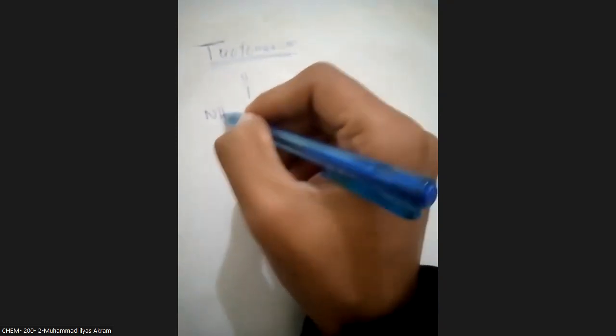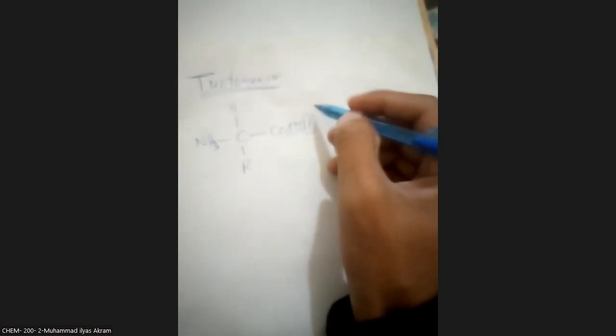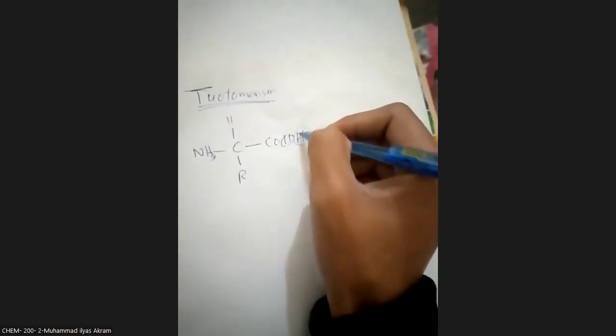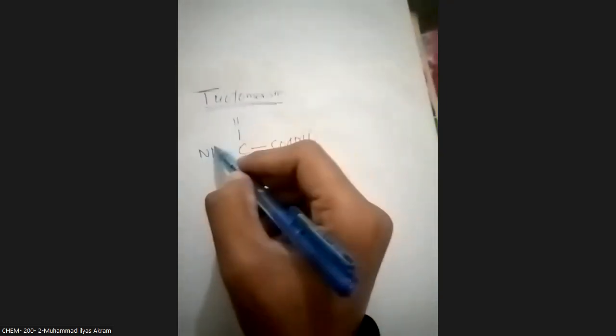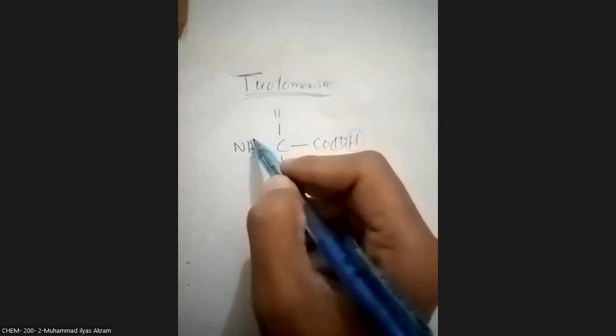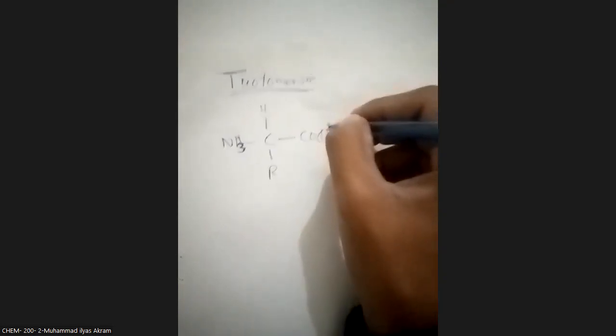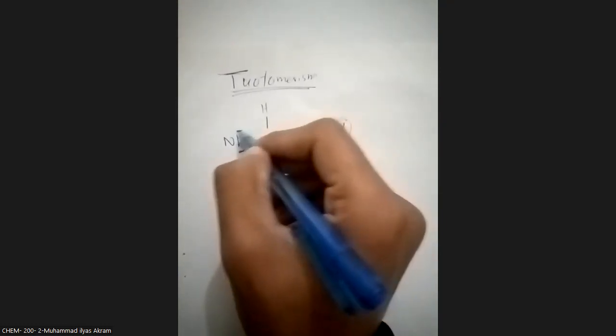So this is an amino acid, and here this hydrogen can also be given to this ammonia group. The loss of hydrogen will create a positive charge here, and here it will get a negative charge.